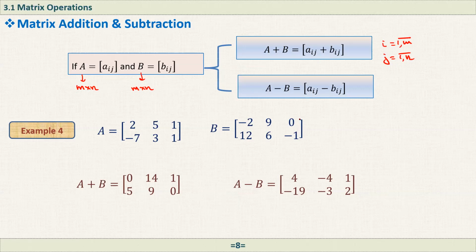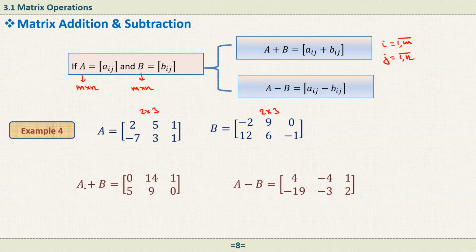For example, let's say we are given two matrices here, matrix A, which is a 2 by 3 matrix, and this one is also a 2 by 3 matrix. So we have no problem with their sizes, which means we can add or subtract these two matrices.